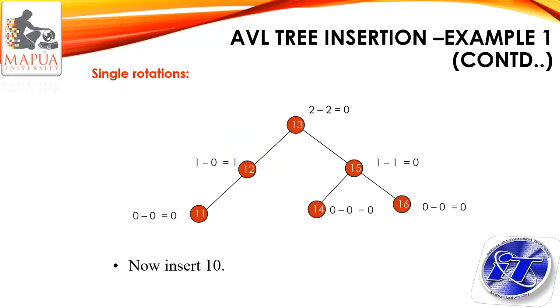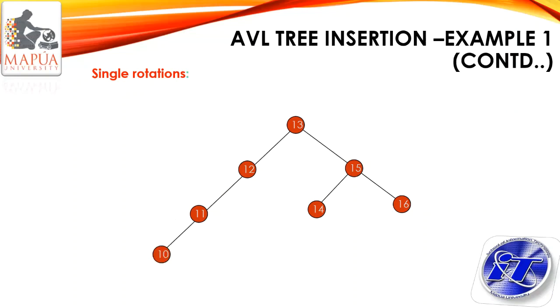Now let's insert 10. It will be connected on the left side of 11 as a child node. So let's check if there is an issue with this binary tree. So we have 0, 1. Unfortunately, we have an issue with node 12. We have 2 BF. For 14, 0, 16, 0. For 13, it's 1, and 15, it's 0.